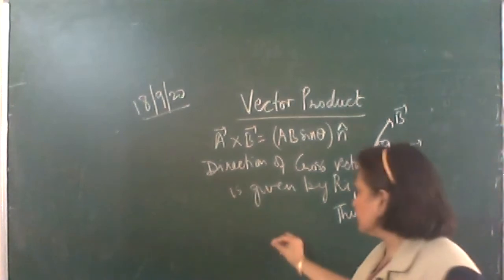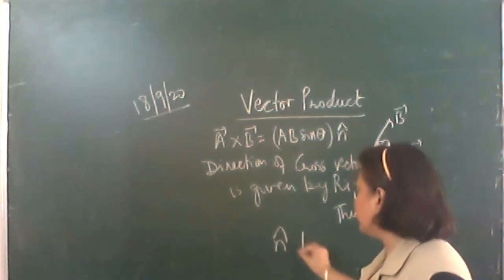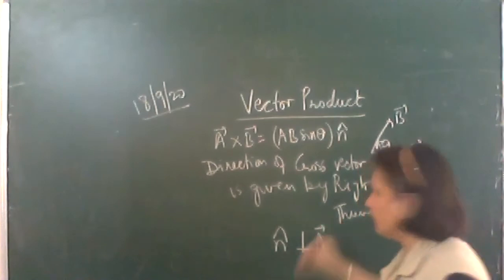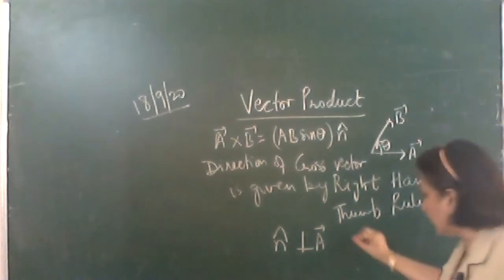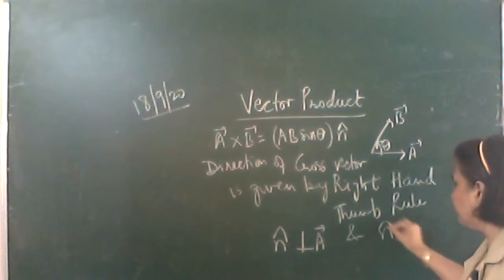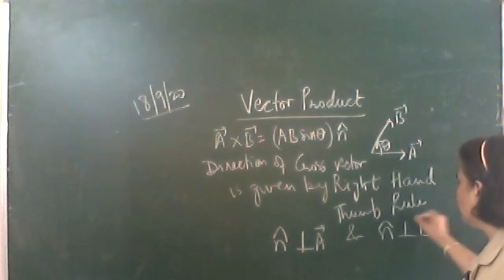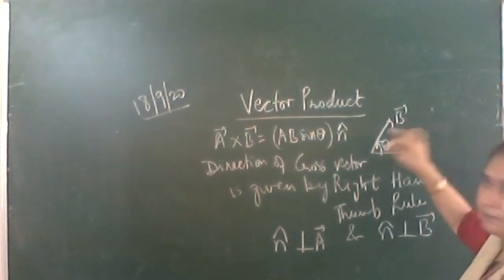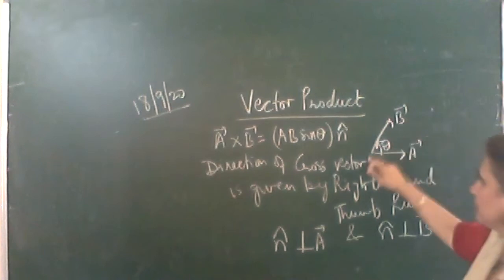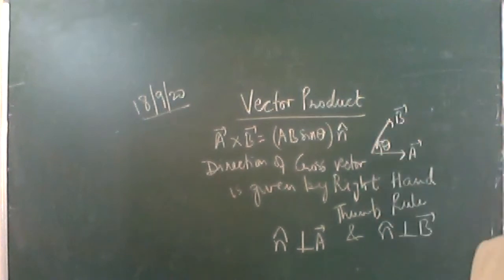That is, n cap vector is perpendicular to A vector, and also n cap vector is perpendicular to B vector. So the direction of the cross product will be perpendicular to both the vectors A and B.